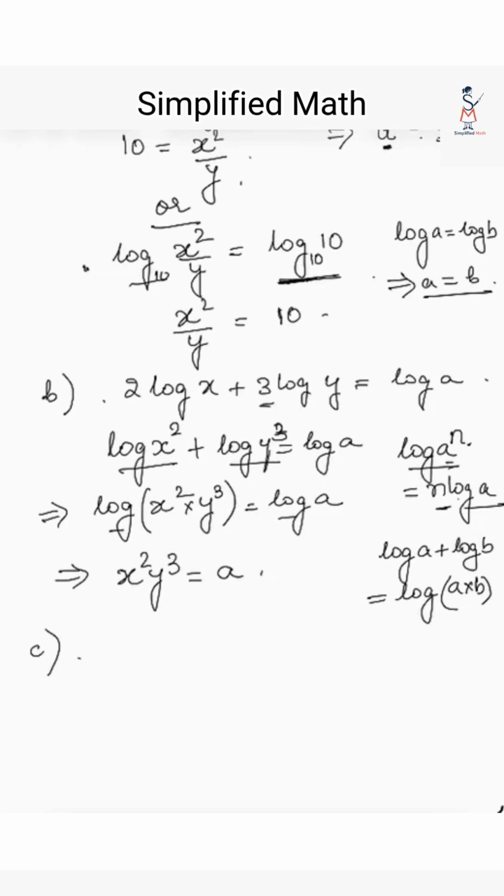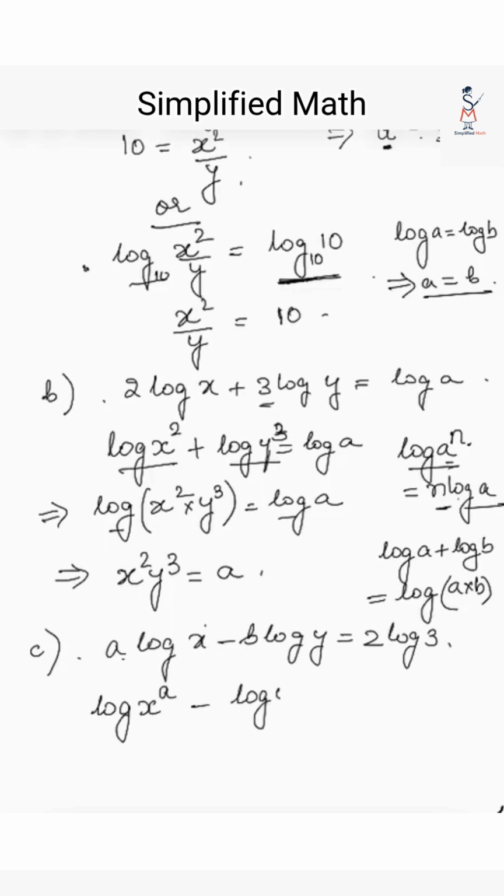Now we will see the other one, that is a log x minus b log y is equal to 2 log 3. Again we will apply the rules of logarithm. The a will go as a power of the log. So this can be written as log x to the power a minus log y to the power b is equal to log 3 to the power 2.